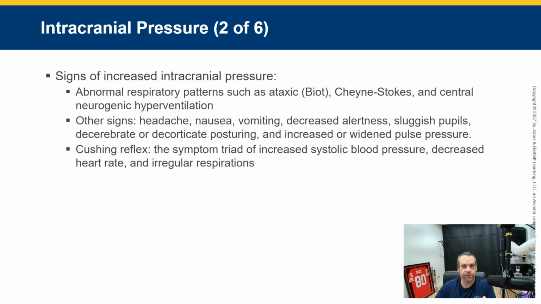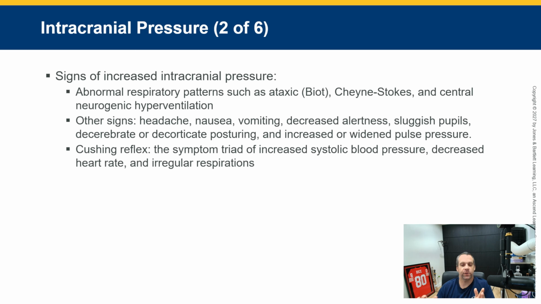The patient's pupils can start to react a little bit more slowly. They might start becoming unequal in terms of pupil size. You might see certain breathing pattern changes, like Cheyne-Stokes, depending on how you like to say it. This is an actual specific breathing pattern that is specific to a head injury.